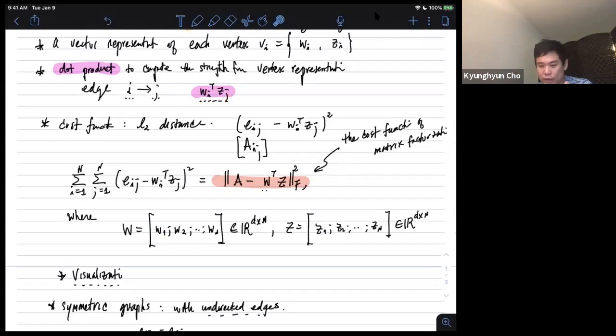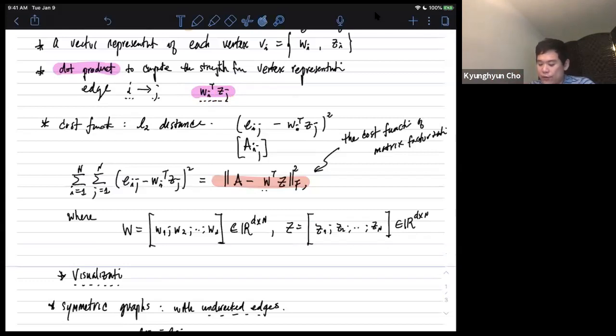Why do we need 2 vectors? Because we need to consider 2 cases for each vertex given an edge: whether this vertex is outgoing or incoming. And then we need 2 separate vectors to represent whether it's outgoing or incoming.